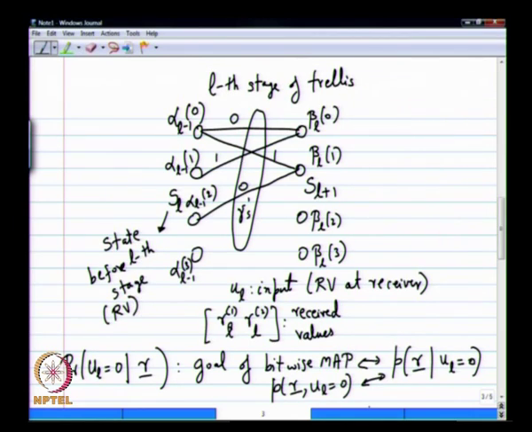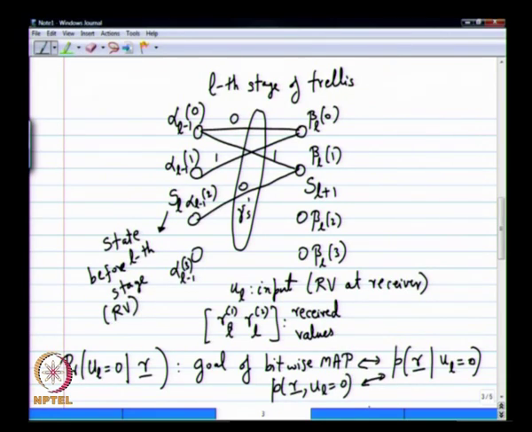So how will I compute probability of R comma UL equals 0? I compute this quantity for all the branches corresponding to 0 and then add them up. It is the same thing for probability of R comma UL equal to 1: I compute the products for all the branches corresponding to input 1, then add them up, I get that.